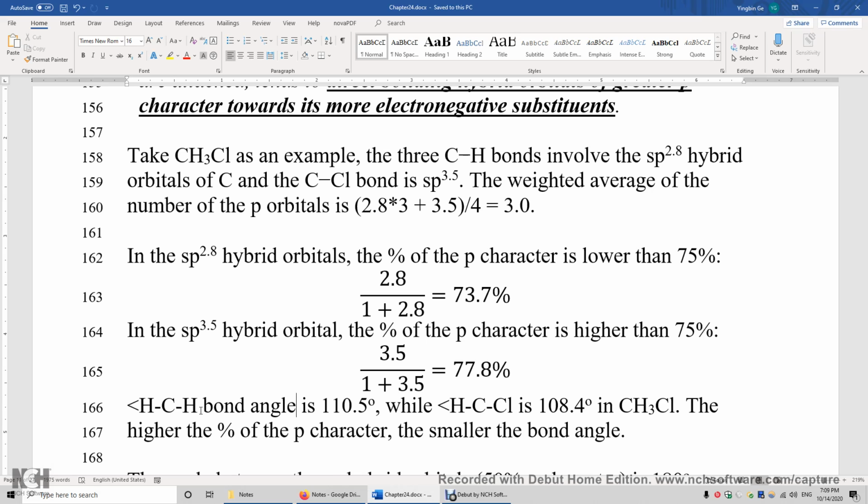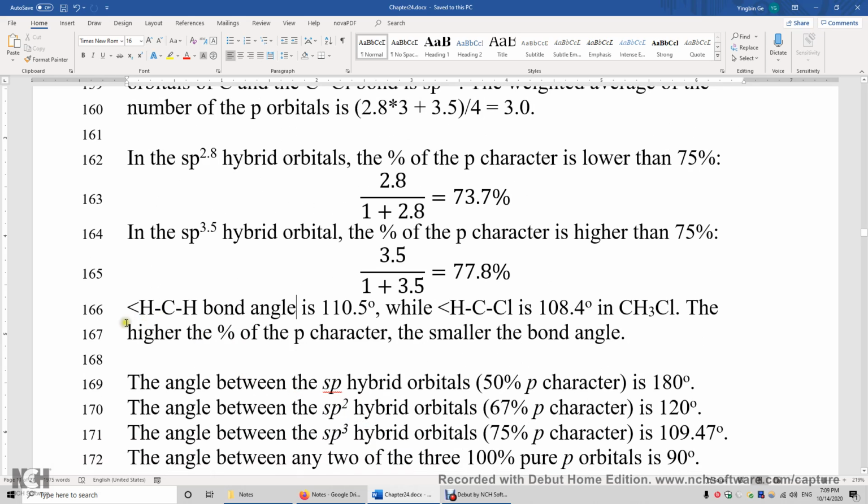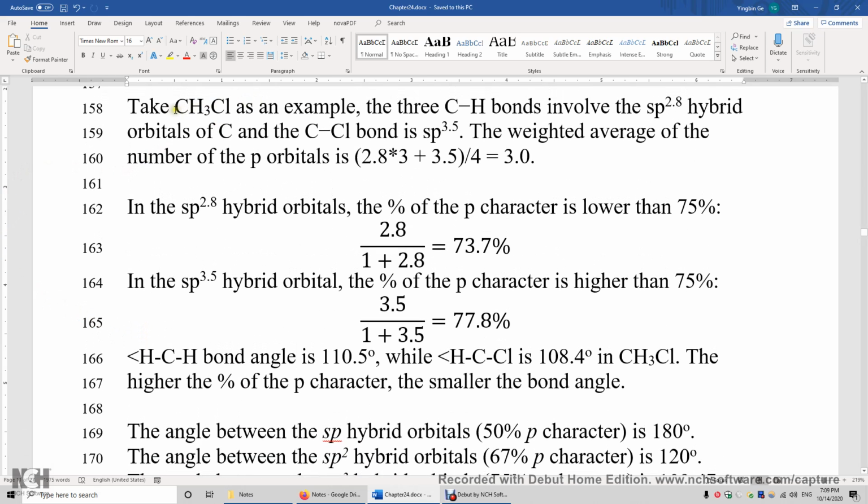And two, the electronegative substituents or ligands attract electrons. Now because the p-type electrons have higher energy, they are more likely attracted to the electronegative ligands. So that's why. In this case, CH3Cl, the p electrons are more attracted towards this chlorine atom.